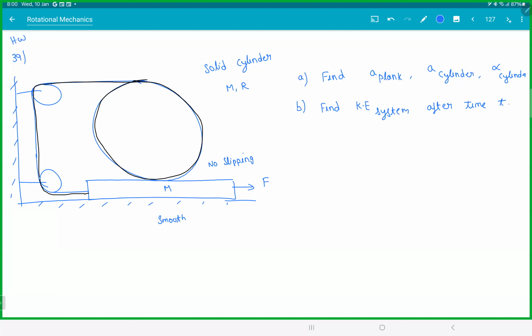Able to visualize how the question is? Clear with this?